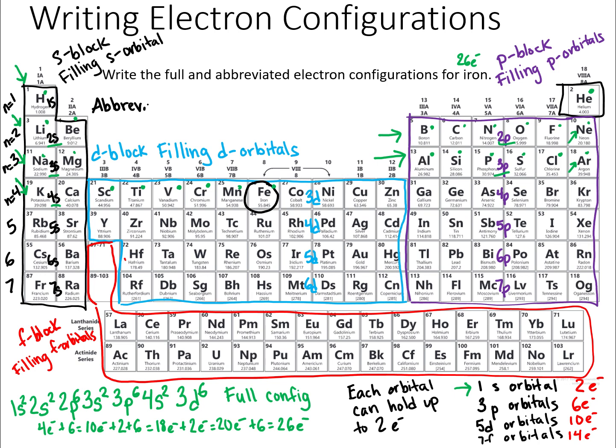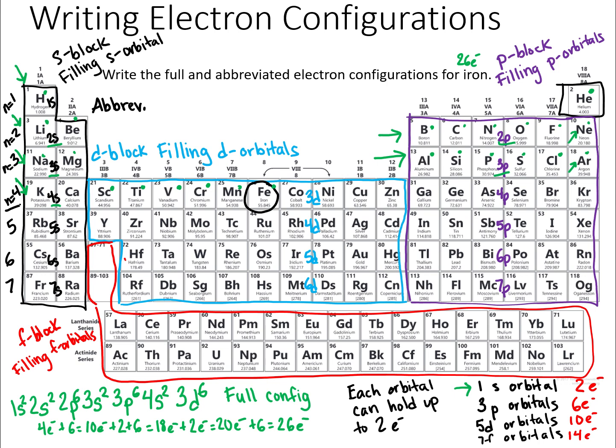Iron is in period 4. So we can use a noble gas to indicate everything in n equals 3 all the way back. Yes, that is exactly it. But I'm going to keep going for those who need a little bit of help.